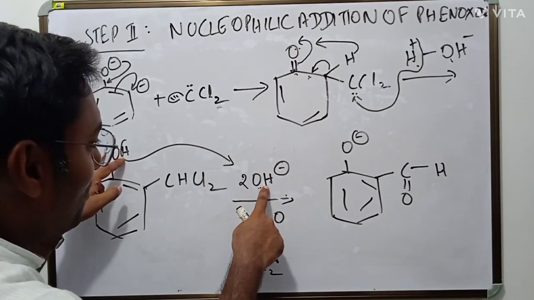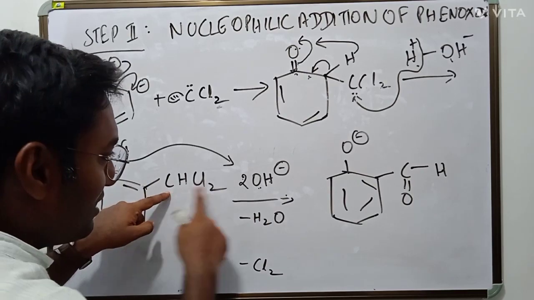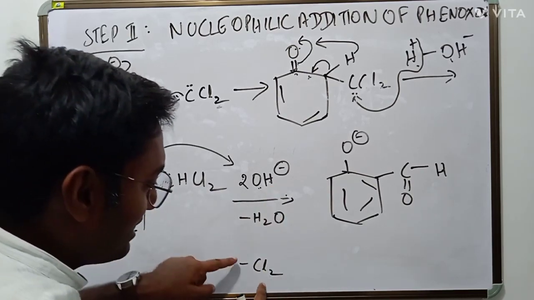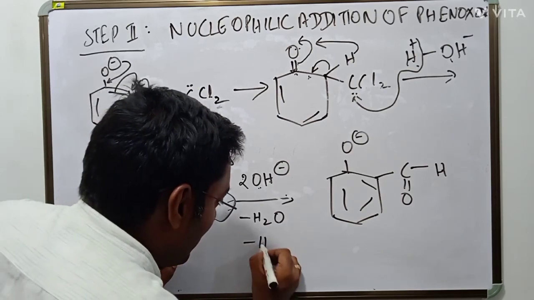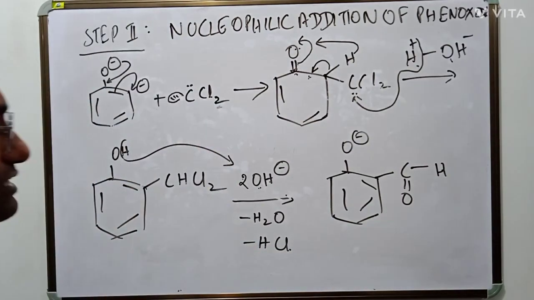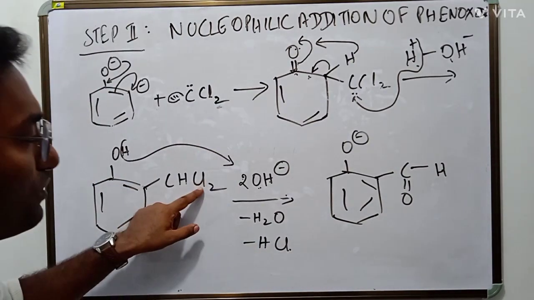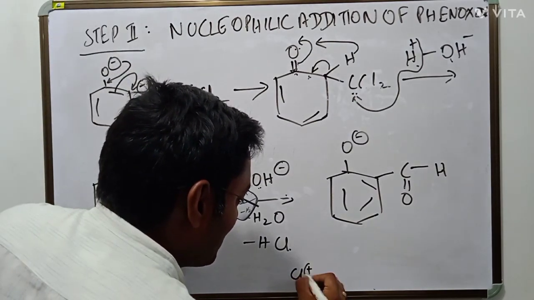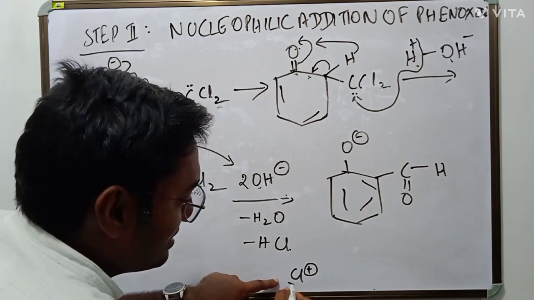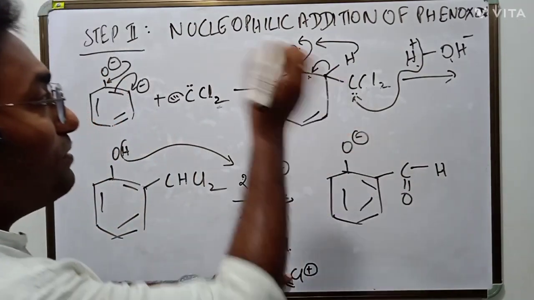Write this H. This Cl2 goes out. Here there is one H which remains. See, H goes to one of the OH minus, one O goes here, there is one H left. That H reacts with Cl2 to give what?